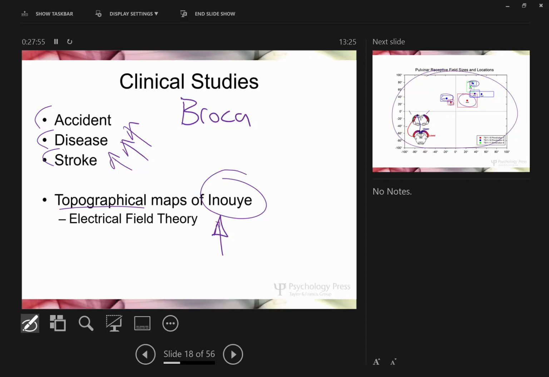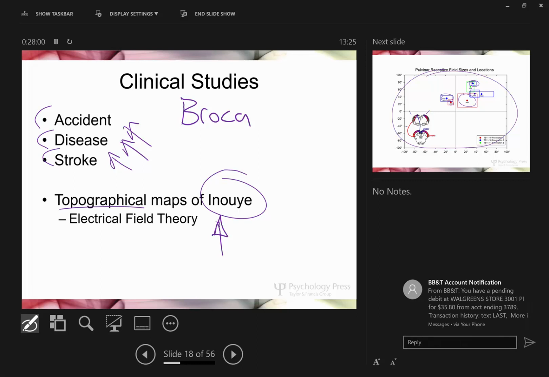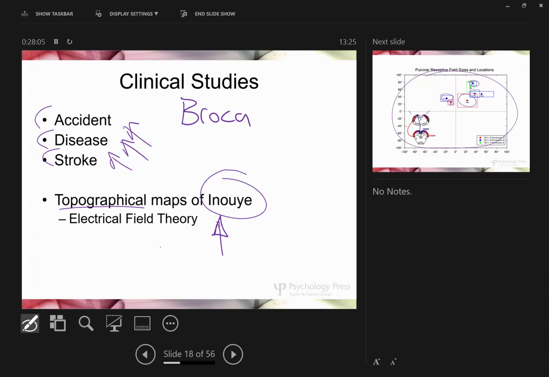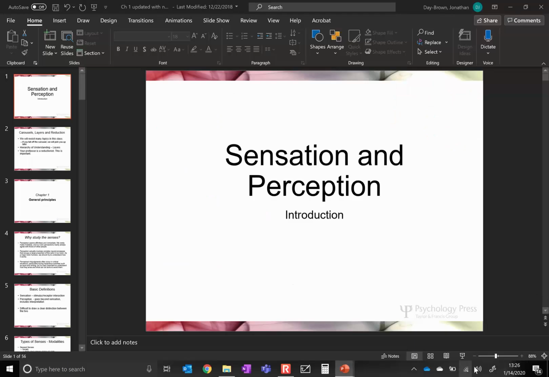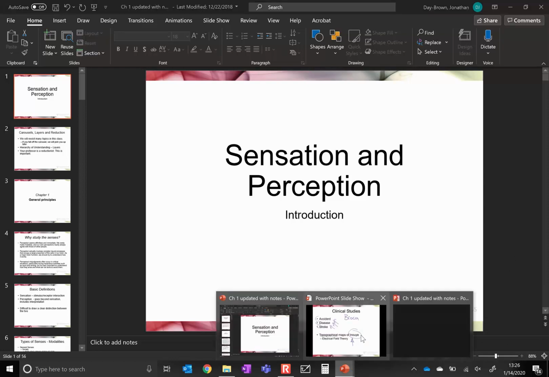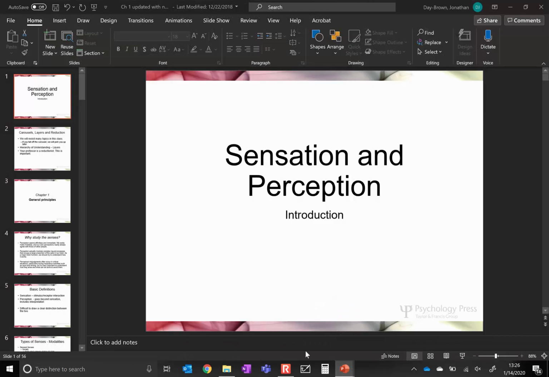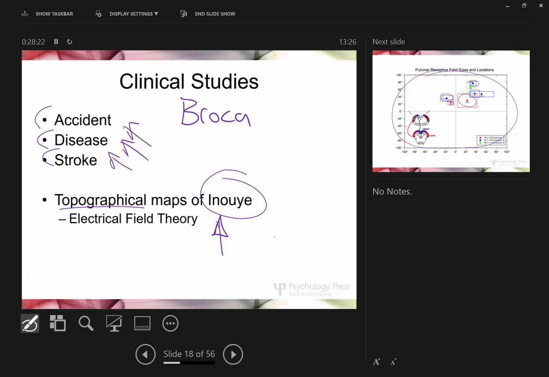This was a huge breakthrough because this told people that there is a map of the world directly represented on your brain. So this again was a very important breakthrough. And so he did this for a while.